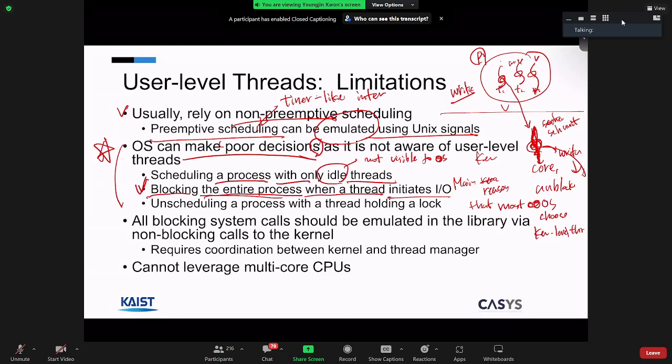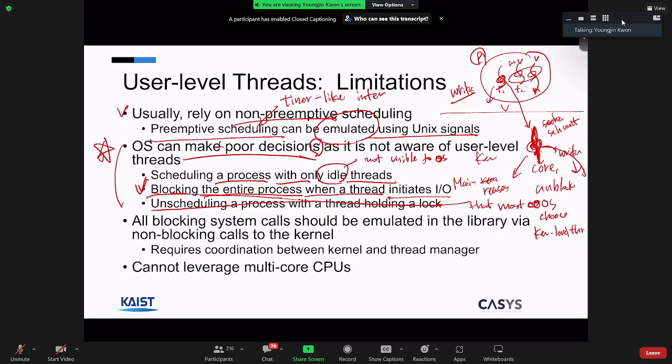Okay, that's really serious, because most processes do some small I/O operation, so it never exploits the concurrent execution of code. That's really bad. Another subsequent problem is the unscheduled process while a thread holds a lock. So this thread is holding a lock, but this scheduling unit is scheduled out.